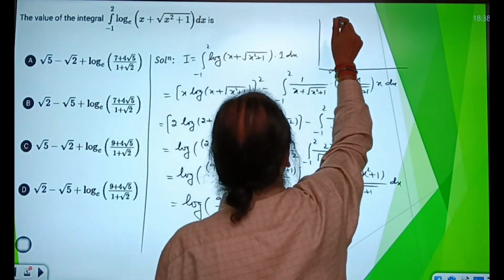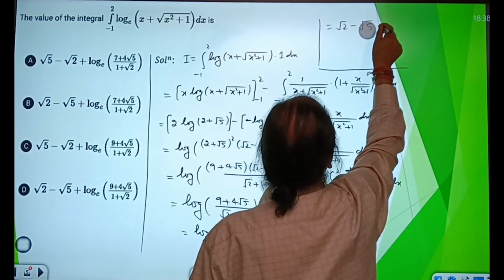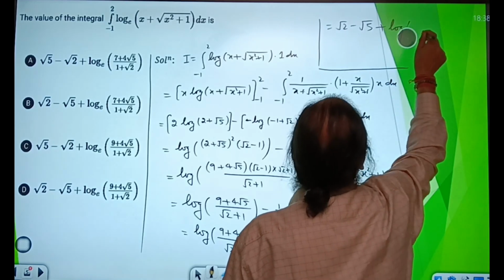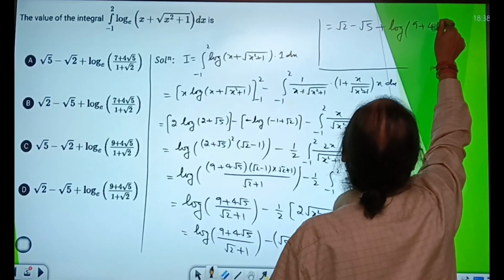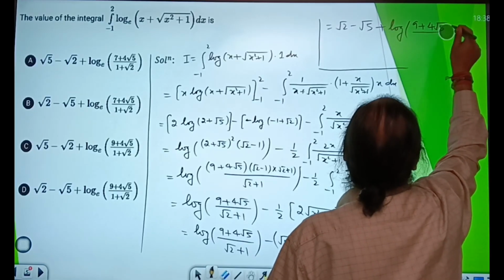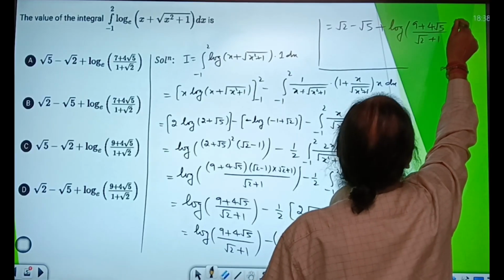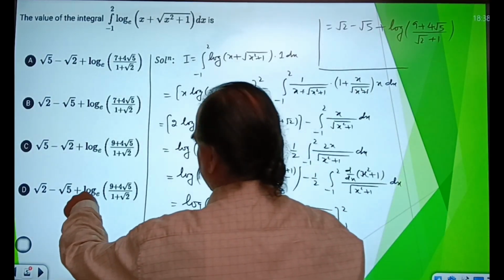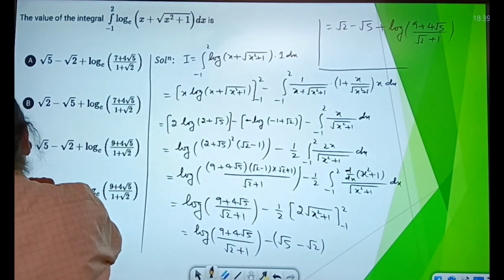Root 2 minus root 5 plus log 9 plus 4 root 5 divided by root 2 plus 1. Answer is what? B.